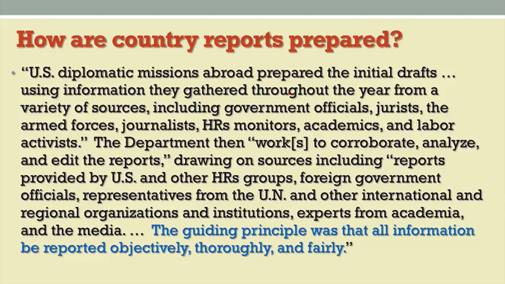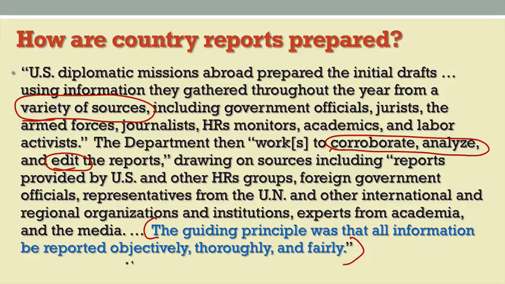In particular, you see that information is gathered from a variety of sources, both governmental and non-governmental, judges, journalists, academics, activists, etc. Then the information is corroborated and analyzed and edited, drawing on additional sources in order to determine how reliable the overall picture of human rights practices are in a particular country. And the key guiding principle here I've highlighted in blue, that all information be reported objectively, thoroughly, and fairly.